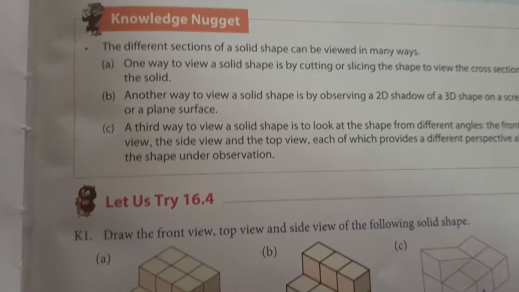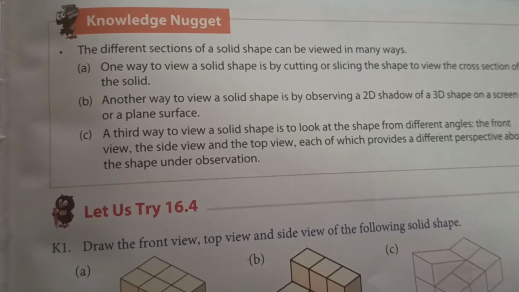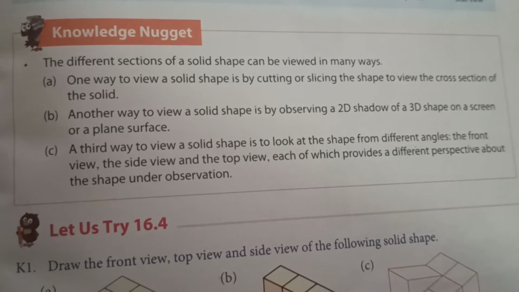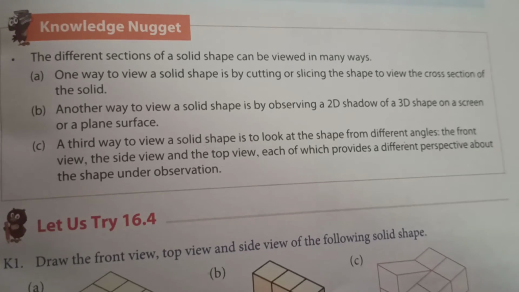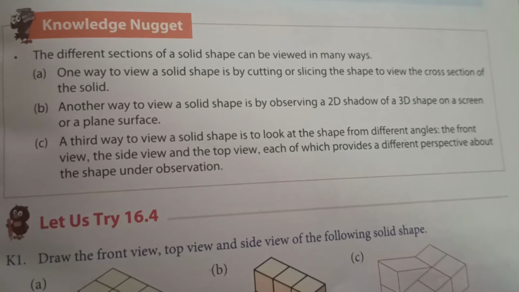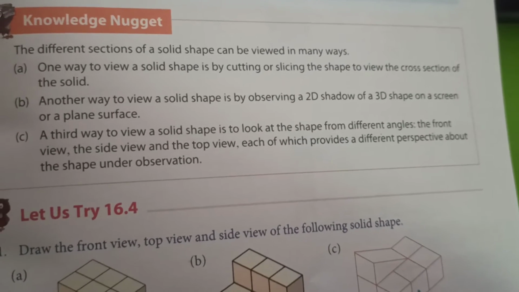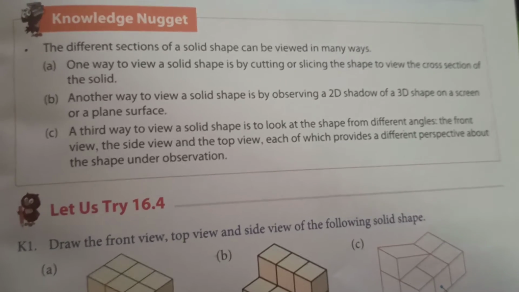The third way to view a solid shape is to look at the shape from different angles, right? From the different views, like front view, top view and side view, each of which provides a different perspective about the shape under observation. Clear beta?